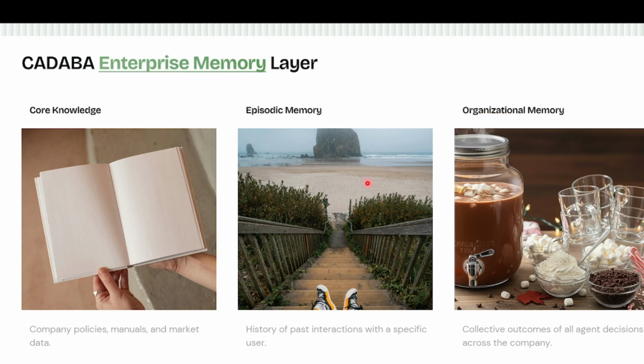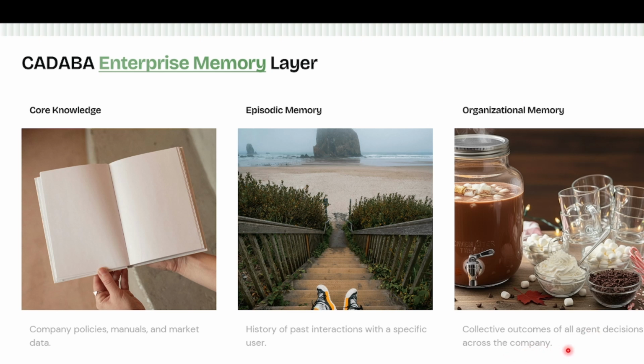And then for an agentic AI system, we have organizational memory. This is the collective outcome of all agent decisions across the company. It can be seen as the database of every agent. Remember, in my course or book on multi-agent systems, I discussed that every agent should have their own database.